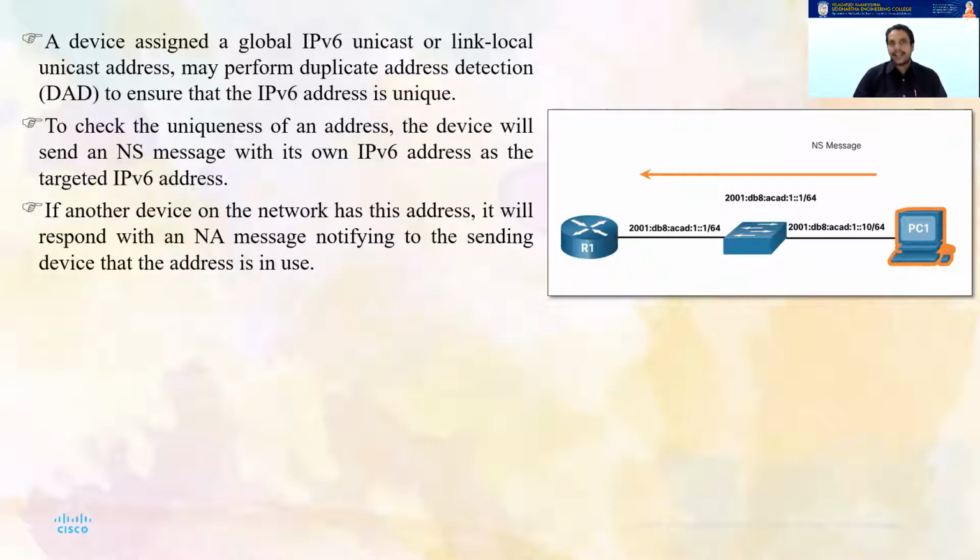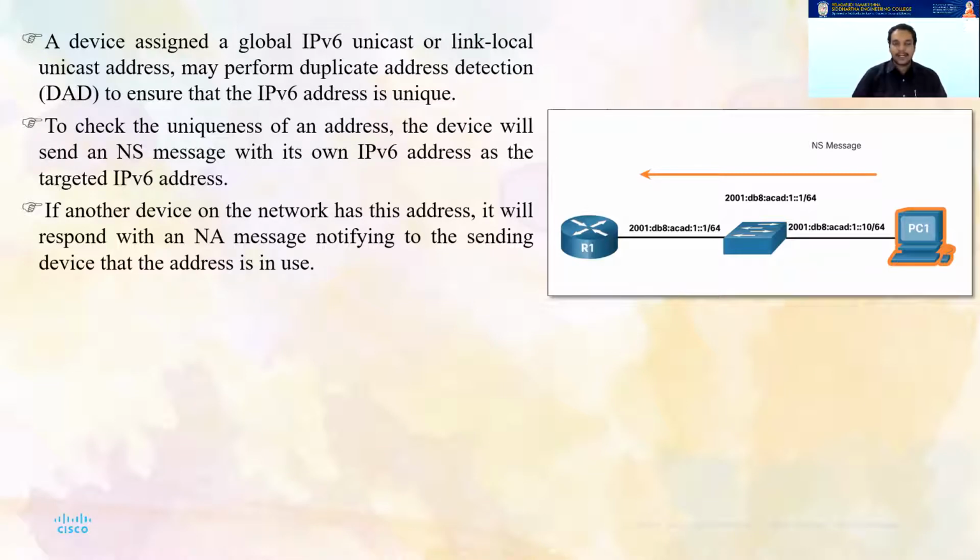So a device assigned a global IPv6 unicast or link local unicast address sometimes needs to perform duplicate address detection also. It has to make sure that when you create a dynamic address, no other host has the same address on the link. So to check this uniqueness, the device will send a network message, that is nothing but a neighbor solicitation message, NS message, on the network with its own IPv6 address as the targeted IPv6 address.